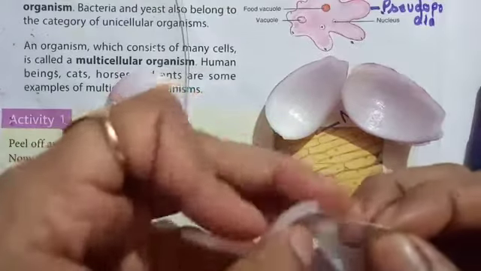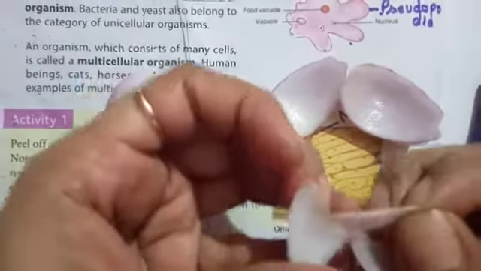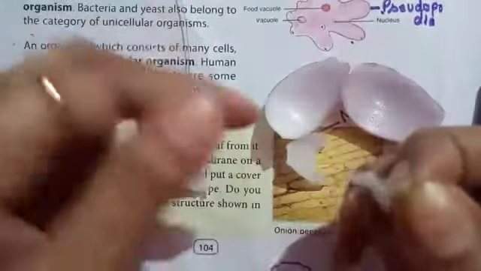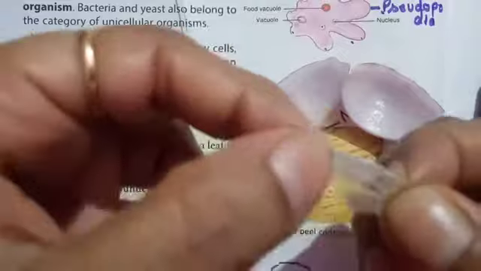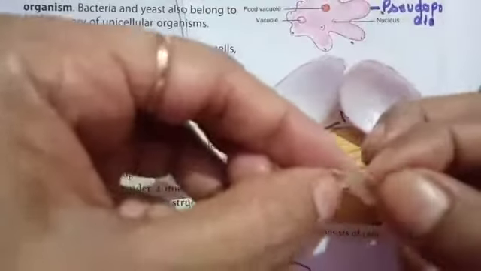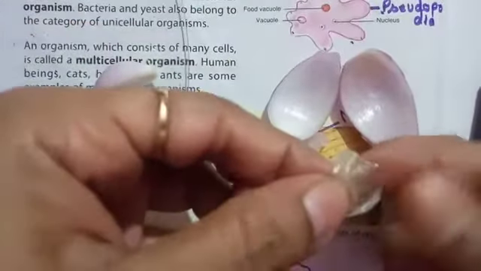Look at this. This is a very fine membrane. Look, this is the fine membrane. This is the very fine membrane of the onion leaf.